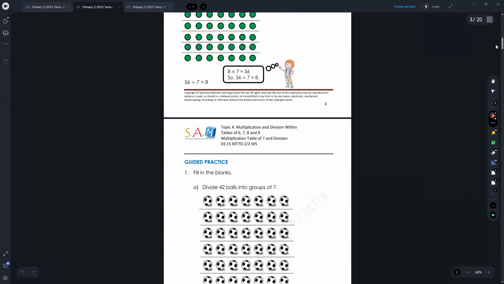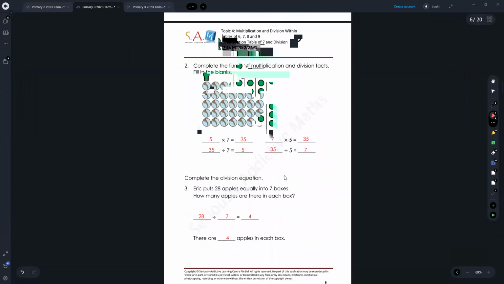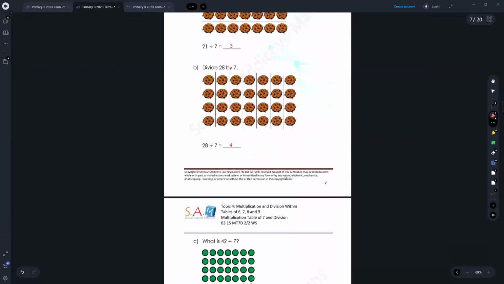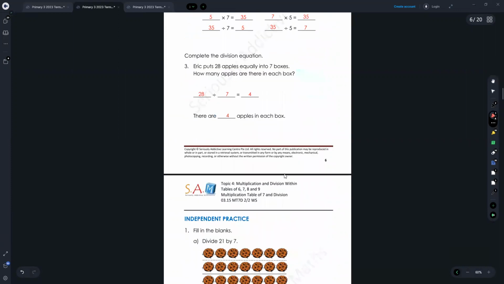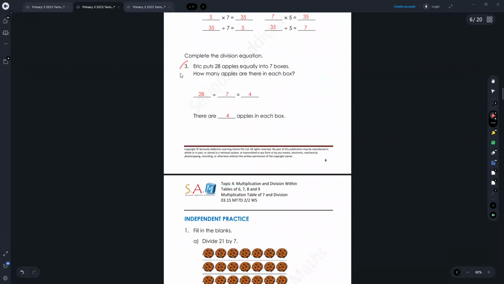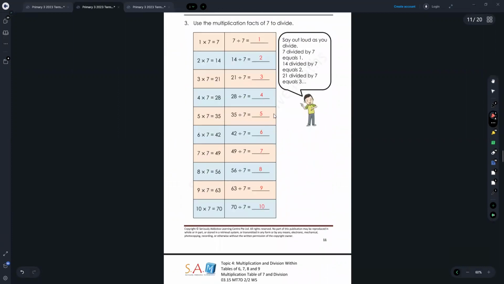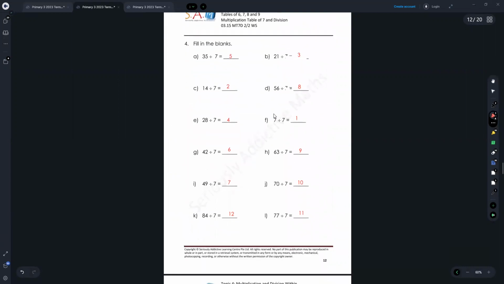So do guided practice with them. Once guided practice is done, do check, because we alternate between multiplication and division. Make sure that they get it correct. It's good to do multiplication and division in the same class, because that way you make them alert. What's the difference between the multiplication and the division word problem?